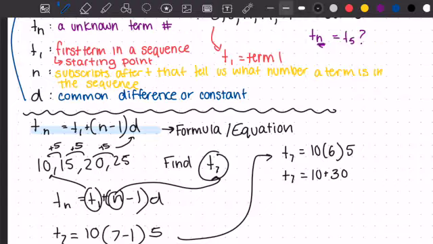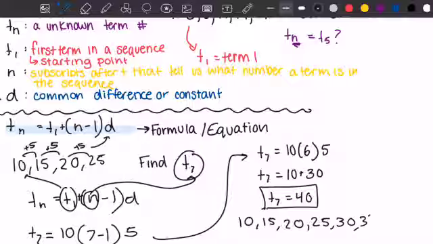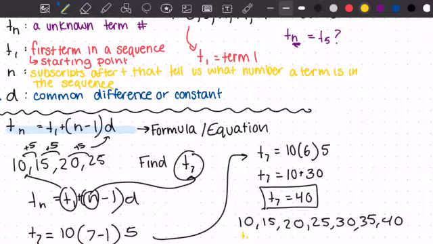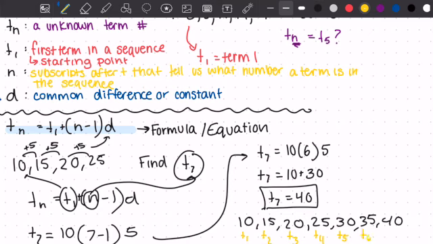T7 equals 40. This is telling me that the 7th term in my series is equal to 40. Let's check that out: 10, 15, 20, 25, 30, 35, 40. I've reached 40. This is T1, T2, T3, T4, T5, T6, T7. So I can solve from calculations to get my term number.